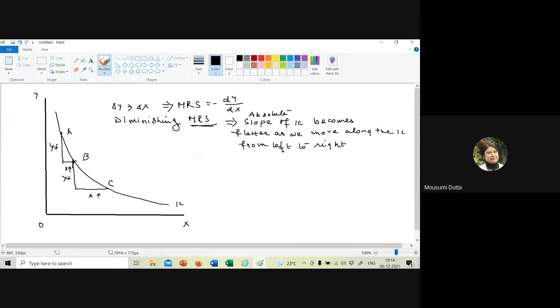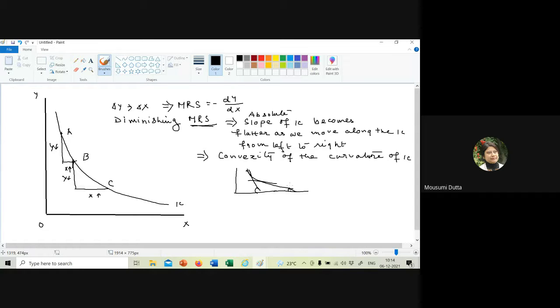And this in turn indicates convexity of the IC, because only for a convex curve, as we move along the curve from left to right, the slope becomes flatter and flatter.